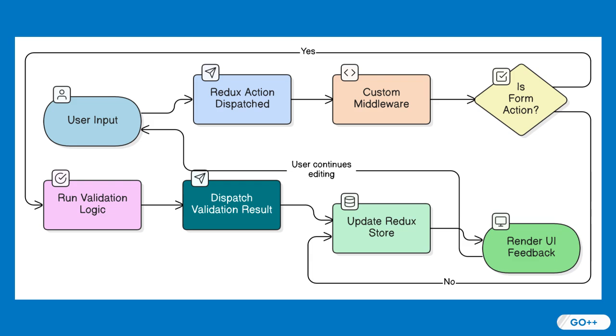Rather than embedding validation logic directly into individual form components or outsourcing it to opaque libraries, middleware sits at the heart of the data flow, intercepting every action related to form changes. This central position allows it to act as a vigilant inspector, ensuring all incoming data meets the established standards before it even reaches the city's blueprints, or in this case, the Redux store.